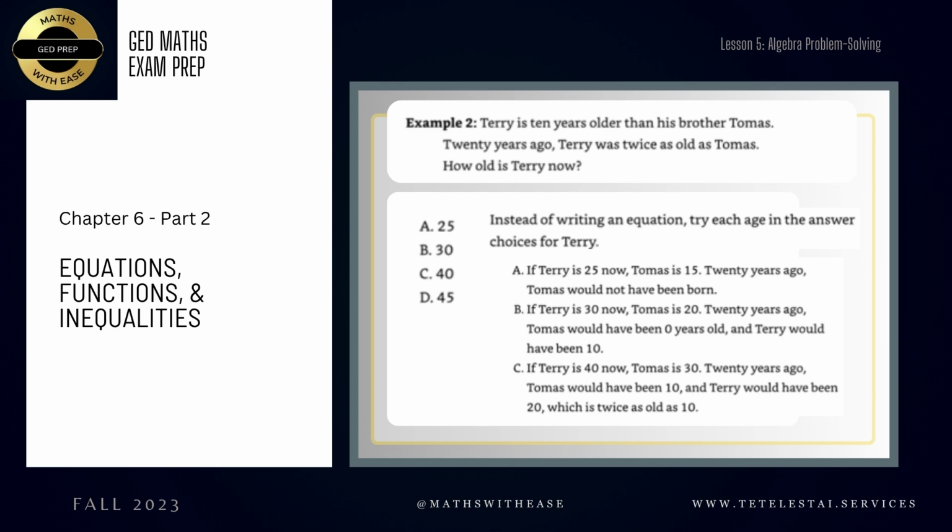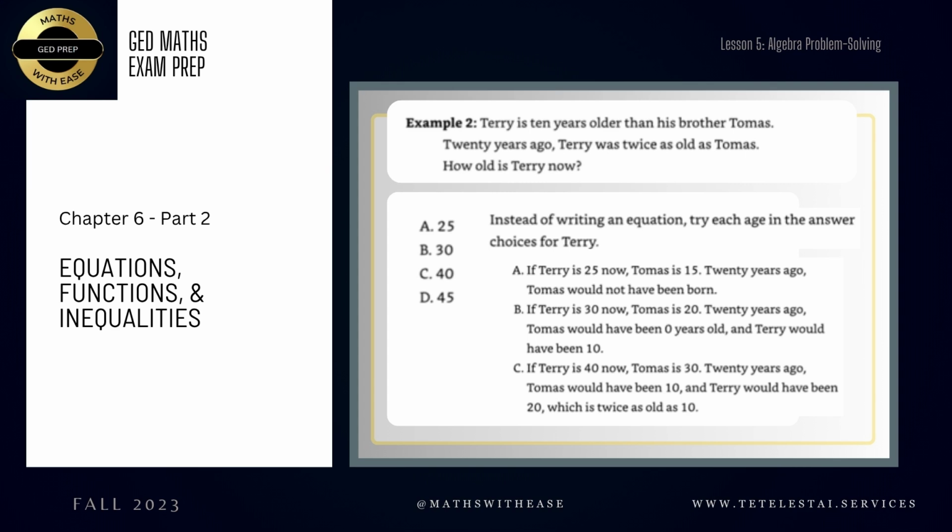We go on to C, and the age is 40. C means that Terry is now present day 40 years old, which would make Thomas 30. Why? Because they're 10 years apart, right? As the question tells us, Terry is 10 years older than his brother Thomas. So if Terry is currently 40 years old and he's 10 years older than his brother Thomas, then that makes Thomas 30.